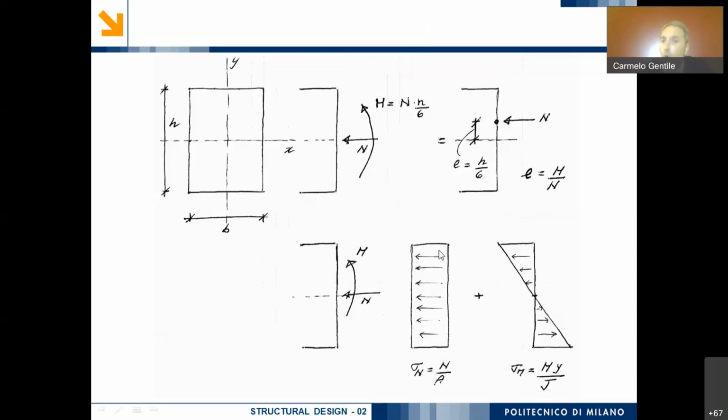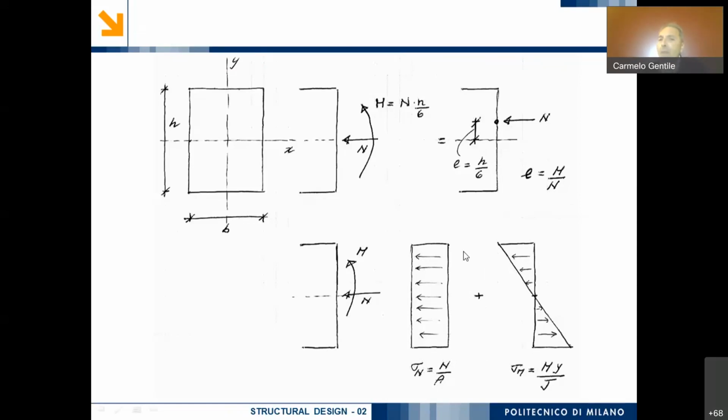So what I expect, for example, is that at the upper border of the cross section, since sigma N and sigma M have the same sign, they have to be summed with the same sign. On the other side, I have sigma N in compression while sigma M is in tension, so I have to subtract the two values.